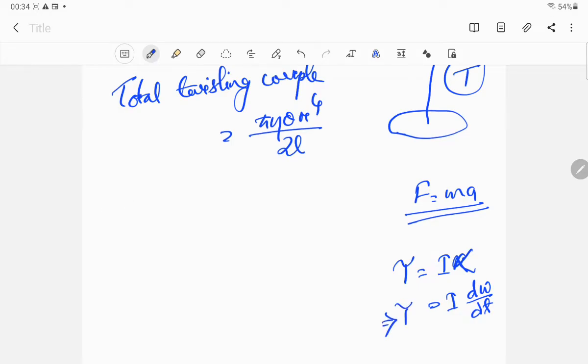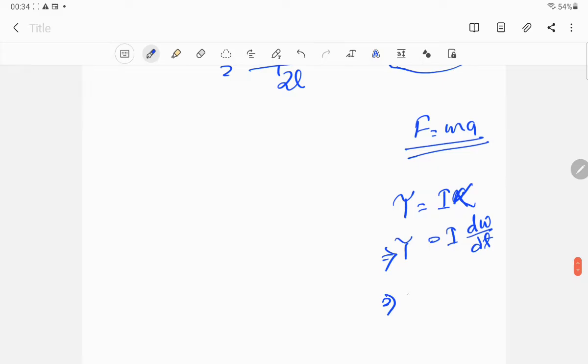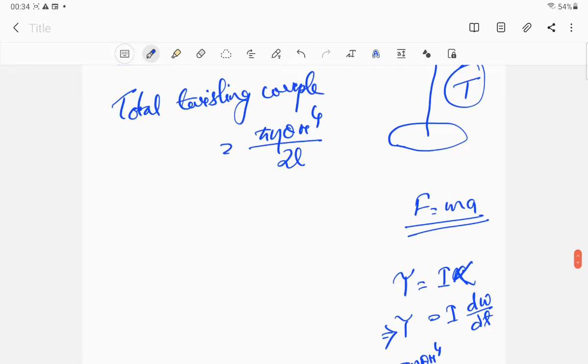Again, in this case, the total torque is pi eta theta r to the power 4 by twice L. Let me do it again nicely.